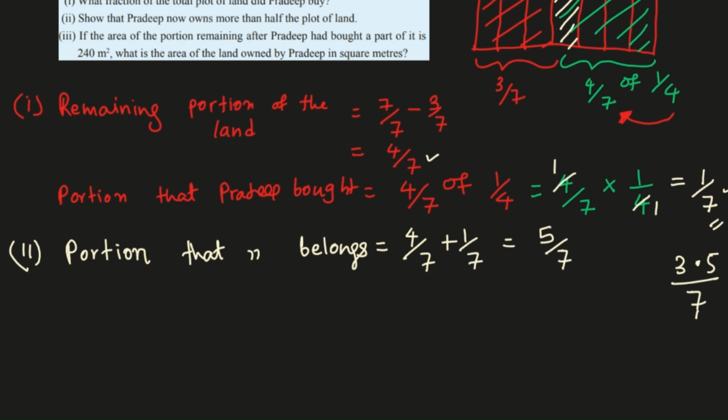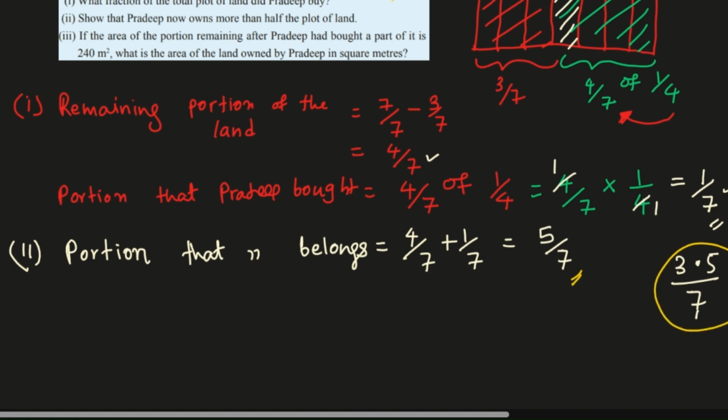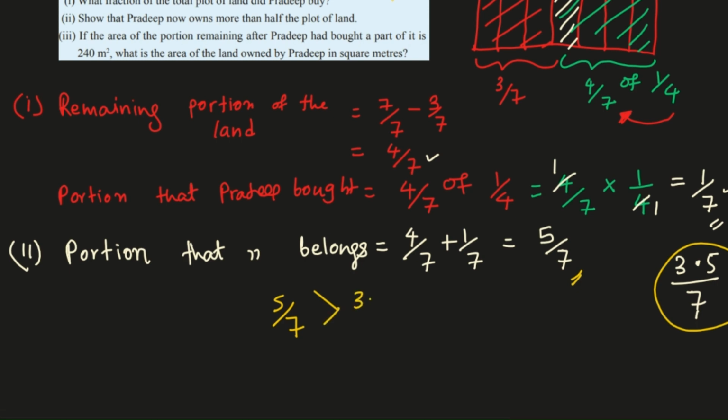So now the portion that belongs to Pradeep equals 5 upon 7, and we know that half of the land will be 3.5 out of 7. So it is clear that 5 upon 7 is greater than 3.5 portions out of 7.